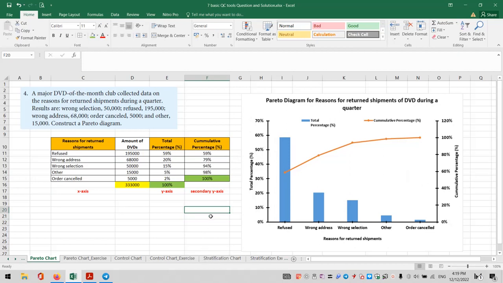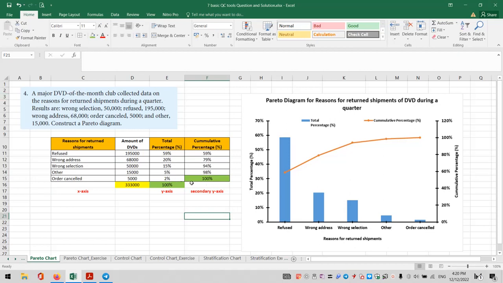Secondary y-axis. So in order to get full marks, you need to understand how to determine the total percentage and also the cumulative percentage. After that, you need to know which axis refers to the total percentage, which axis refers to the reason for return shipment, and which refers to the cumulative percentage.